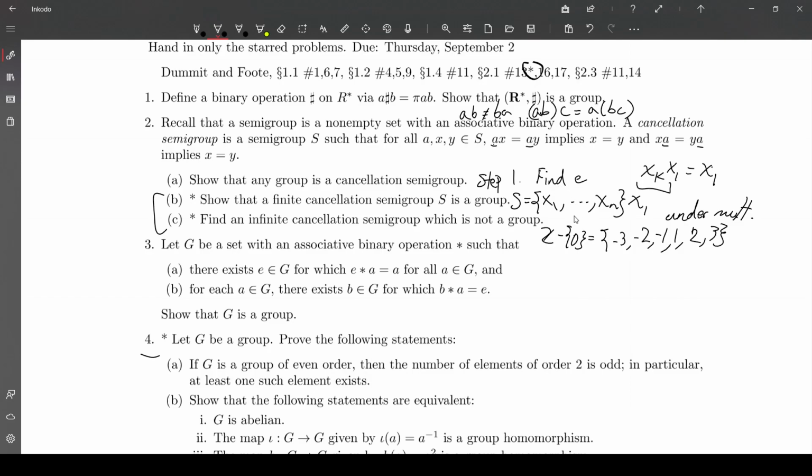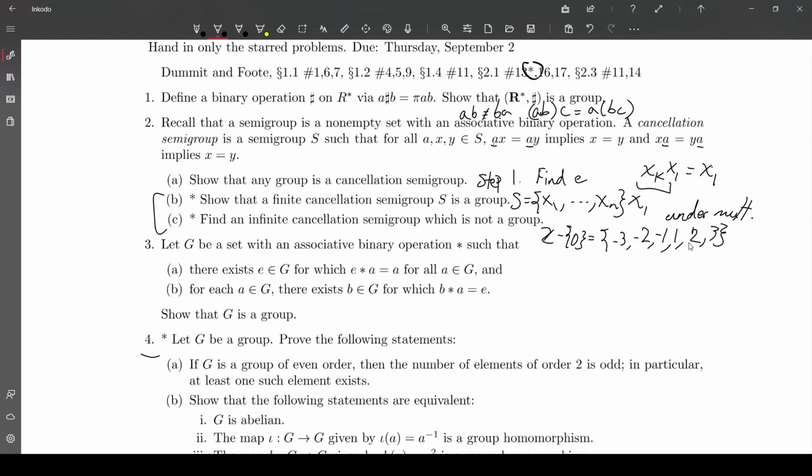But so you have an identity actually. So this is a bit stronger than a cancellation semigroup. It's a cancellation semigroup with identity, but you don't have inverses, right? For instance, there's no integer such that 2x equals 1.